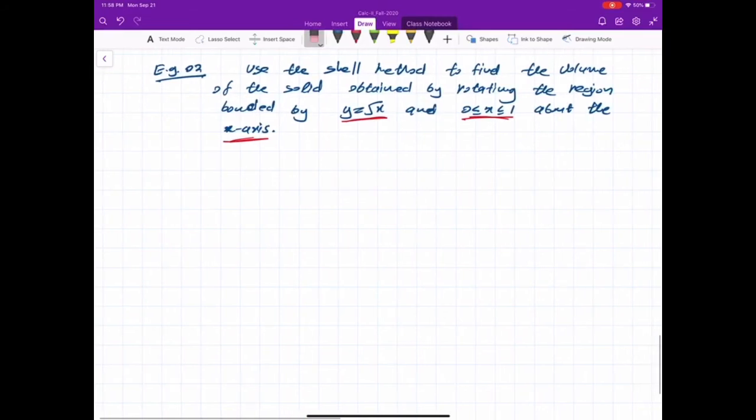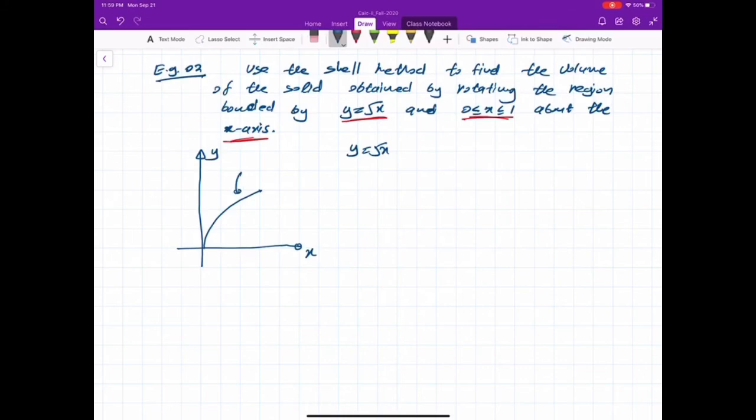Let me draw the shape. The shape will look like this. Let's see, this is y, that is x, and that is y equals square root of x. The shape of that should look like that. All right. So this is y equals square root of x, and then it says x is between 0 and 1. Here x is 0, here x is 1.